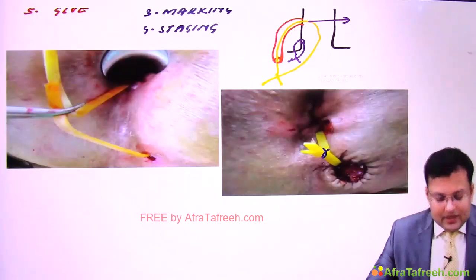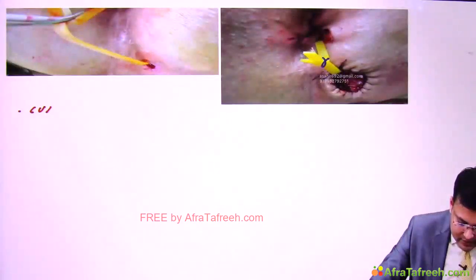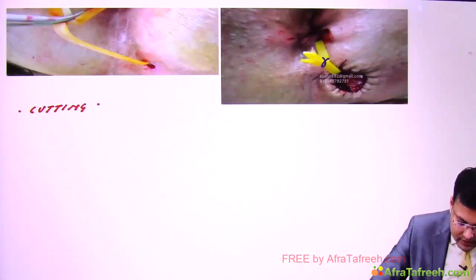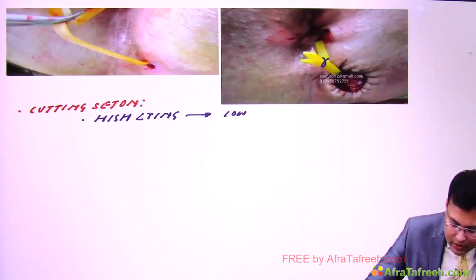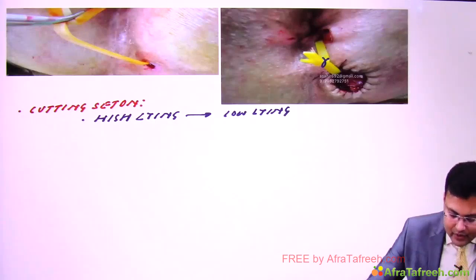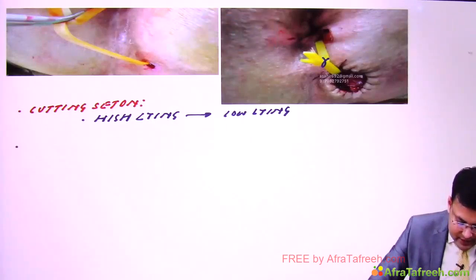Clear? So what are the uses? We discussed the uses. Cutting Seton is used to convert high-lying fistula into low-lying fistula. And what's the use of draining Seton?